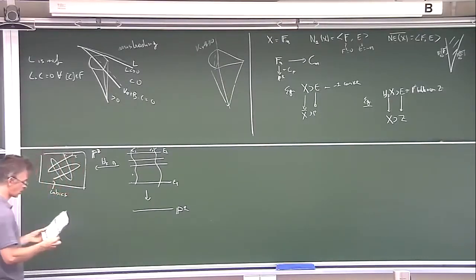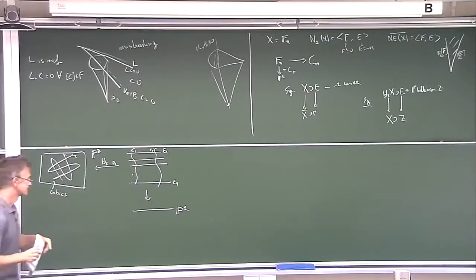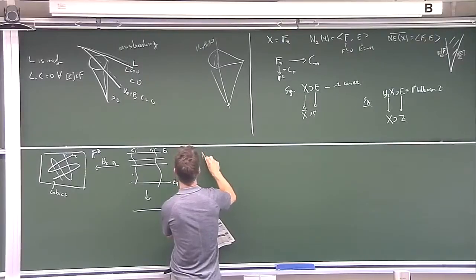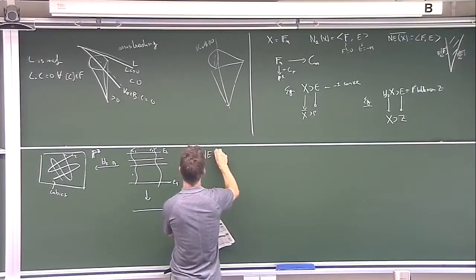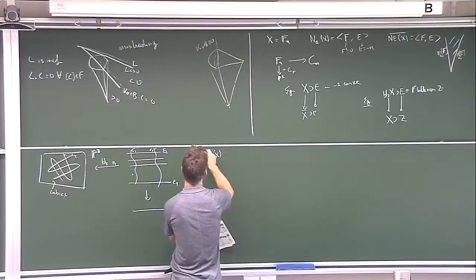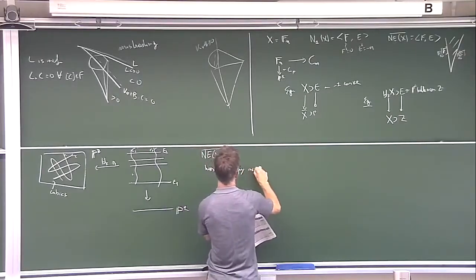Okay, so I'm going to try and give you a hint of why. The claim is that NE(X) has infinitely many negative extremal rays.